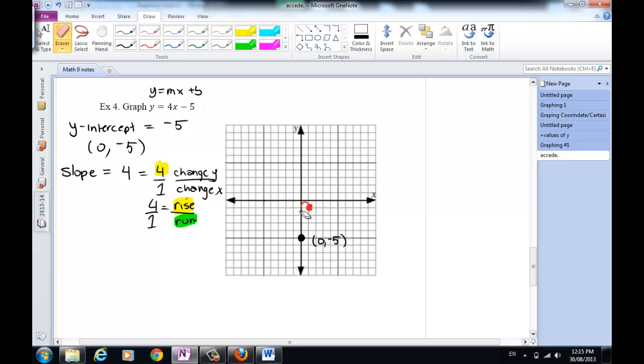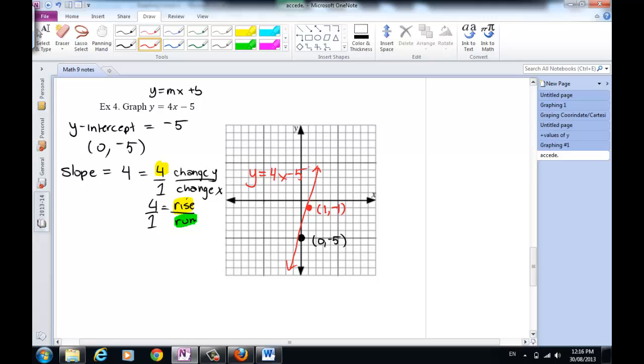And I'll erase these ones. I'm going to label this. You can see that it's gone over 1, and it's gone up 4. And my new graph looks like this. And I want to label it y equals 4x minus 5. You can do either way, either method.